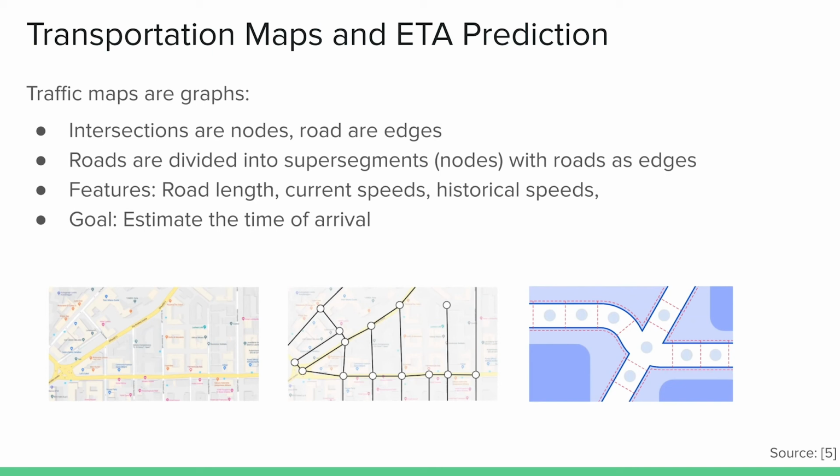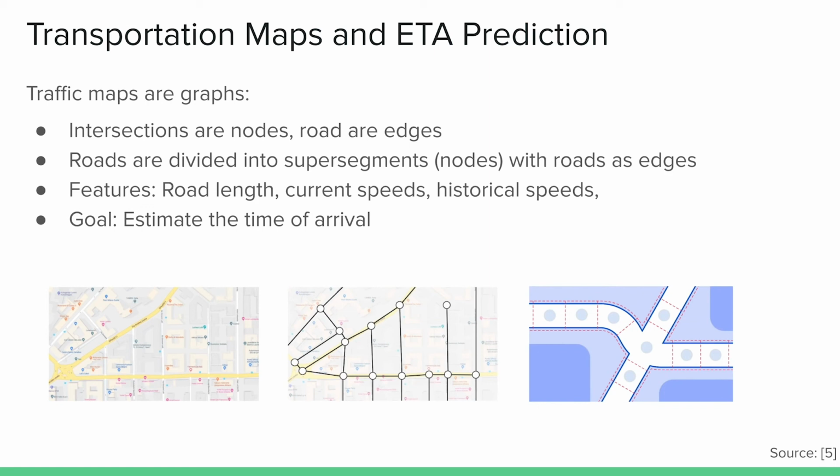This is one of the things where we have to put some brain power into it. They cut the roads into super segments. So the roads are now the nodes, and these connected parts are the edges.